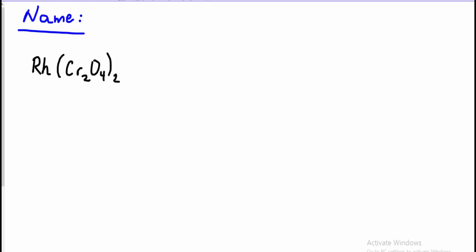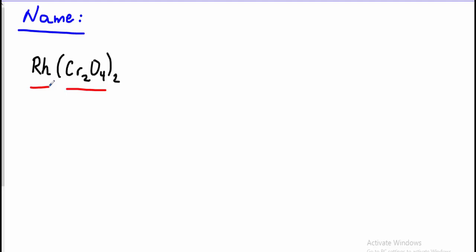The clue is that you have brackets around the C2O4, which is a dead giveaway that there's my polyatomic ion right there. So Rh must be a metal in that case, because ionic compounds are always formed by a metal and another anion, or ammonium, which is the only possible polyatomic cation that we could have.